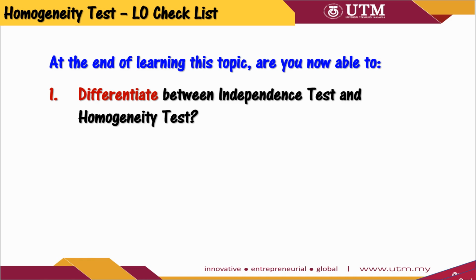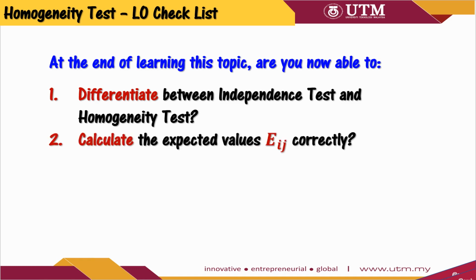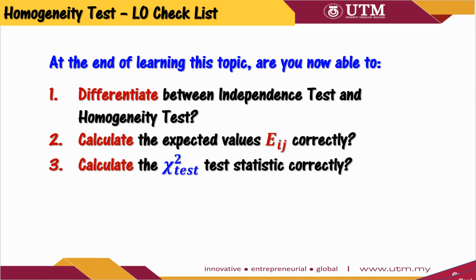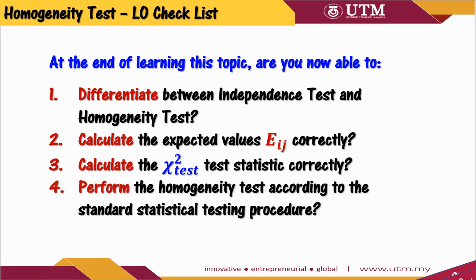Next, are you now able to calculate the expected values denoted by EIJ in a homogeneity test correctly? Are you also now able to calculate the chi-squared test statistic correctly? And finally, are you now able to perform the homogeneity test according to the standard statistical testing procedure?